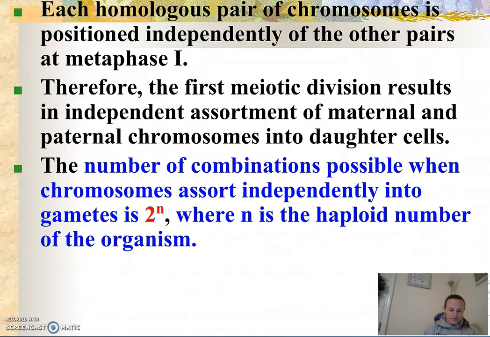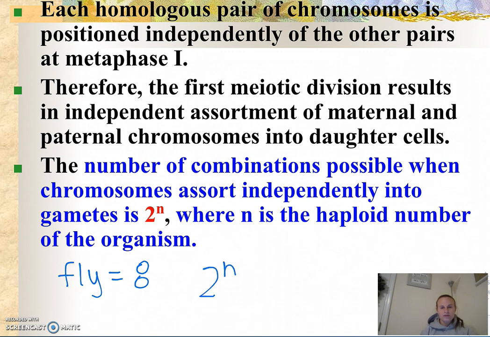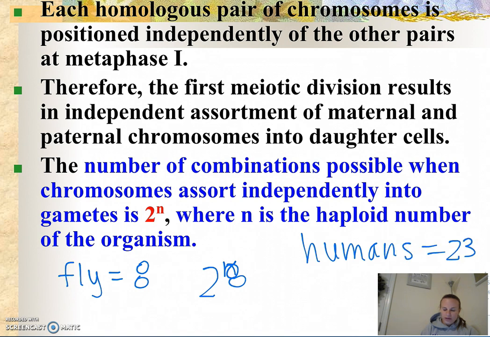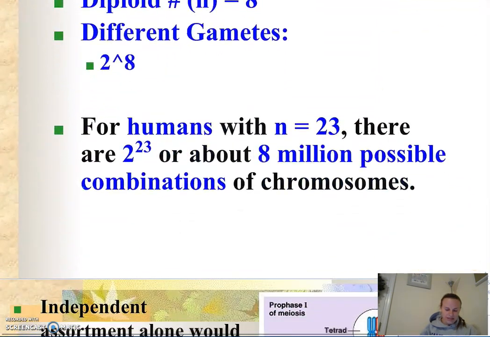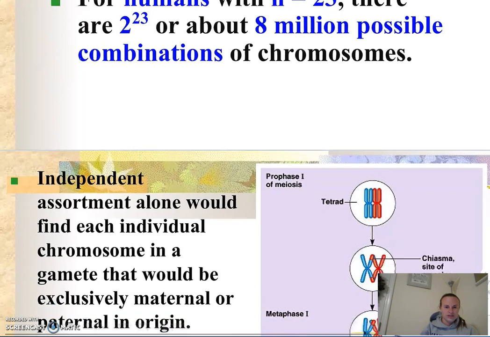So the fruit fly has 8 chromosomes, meaning it would have 2 to the 8th power potential combinations of gametes. Humans have 23 chromosomes, so we have 2 to the 23rd potential combinations in our gametes, which is almost 8 million different combinations.